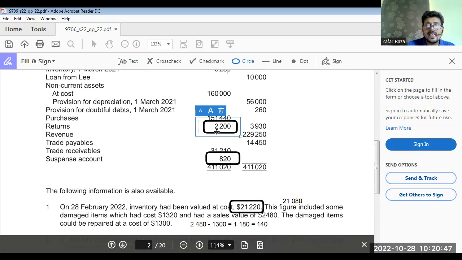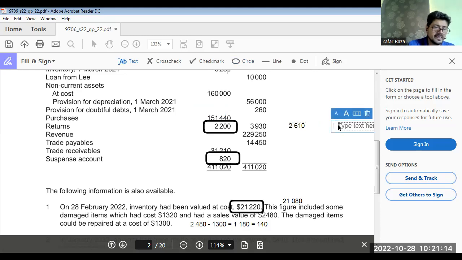So sales return would be 2,610 and purchase return would be the new value 3,930 minus 410, 3,520.